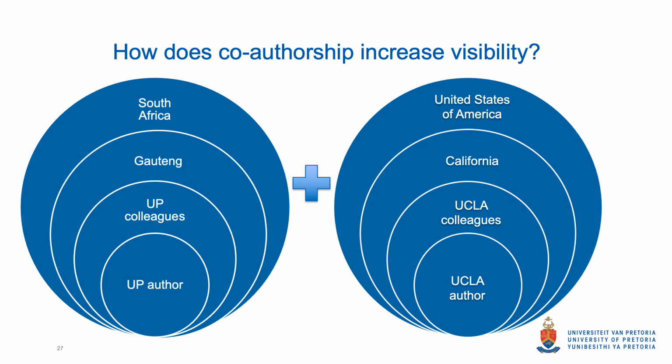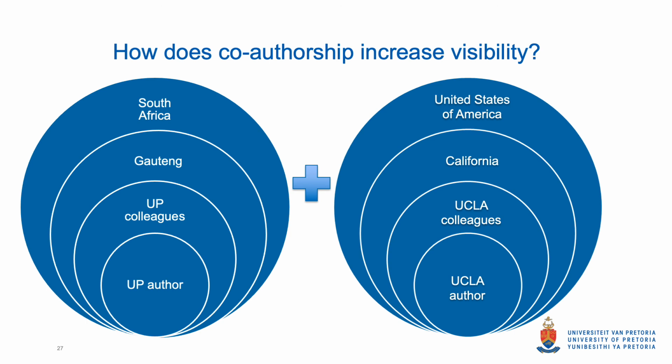So how does co-authorship actually increase your visibility? You, as a University of Pretoria researcher, will share your article with your co-researchers at the University of Pretoria, but also with your connections within Gauteng and within South Africa.